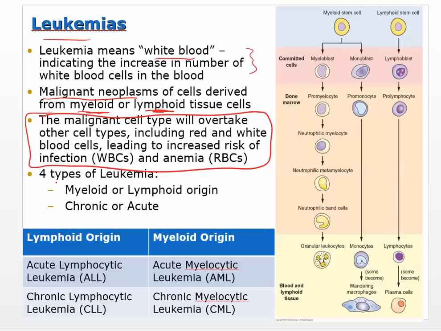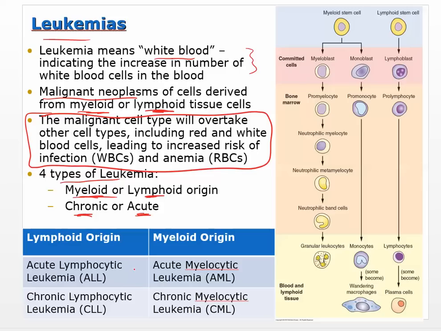There are four types of leukemia. They can be myeloid or lymphoid in origin, and it can be chronic or it can be acute. So a mix of these, myeloid acute or chronic, lymphoid acute or chronic, comes to four different types. Now there are different specific cells that are affected, or the presentation of these can be different.